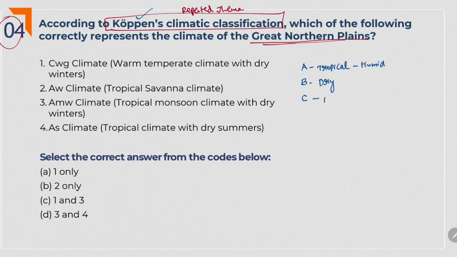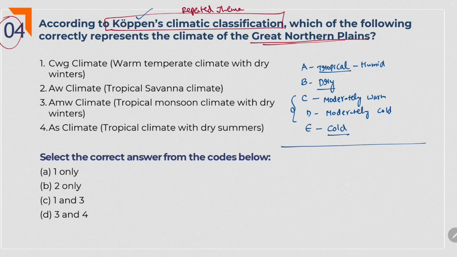And capital C, moderately warm. Capital D, moderately cold. And coming to capital E, it represents cold area. If you see capital A is tropical area, B dry area and E cold, capital C and D are moderately warm and moderately cold. And now we will see subtypes of climate.